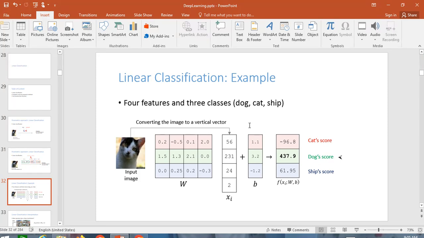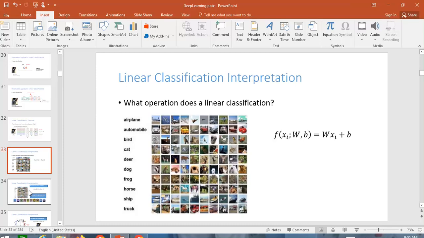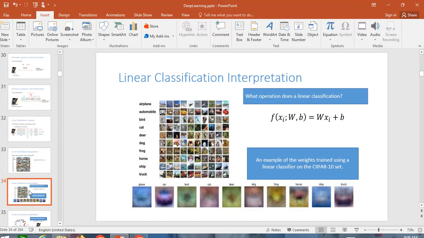If the input is 4, it should be 4 too. So each of these 10 weight vectors can be taken as 3072. So in the CIFAR-10 problem, we have 10 rows and each row has 3072 columns.